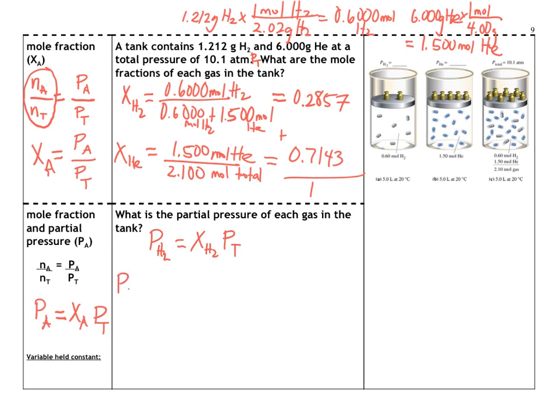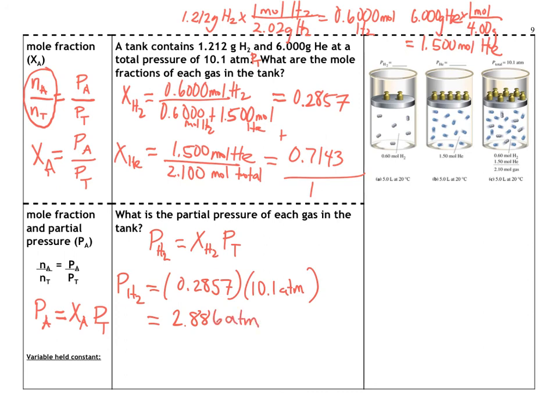So P of hydrogen gas is the fraction of it, which is 0.2857, we calculated prior, timesing it by the total pressure. And multiplying it, you get 2.886, sorry, 2.886 atm.